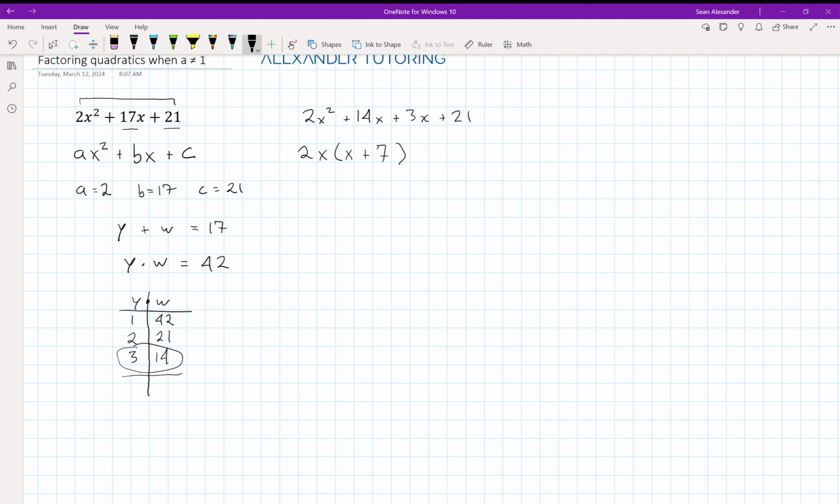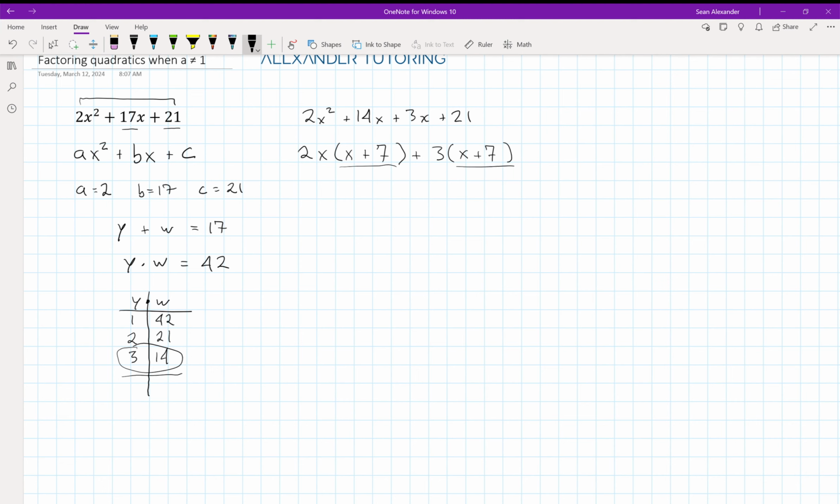We're going to keep this plus sign in the middle, and now we're going to factor just the second two terms. What's common to 3x and 21? We can pull a 3 out, and we get x plus 7. And you'll know you did it right when you get the same thing here and here.